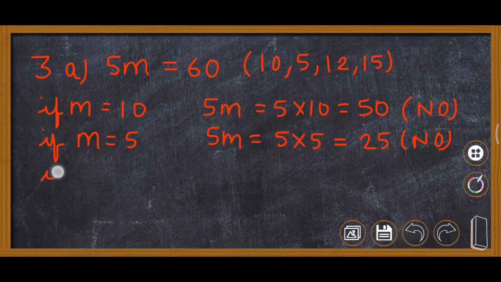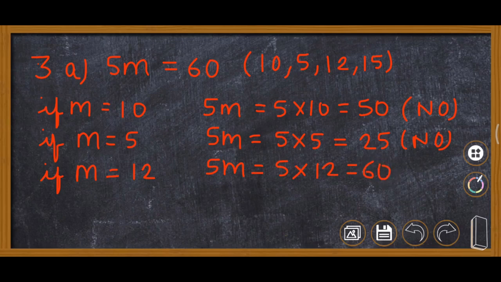Now if m is equal to 12, so 5m is equal to 5 multiply 12, it is given 12 5s are, we know that 60, and the right hand side is also given as 60, so we can see that 12 is the solution.